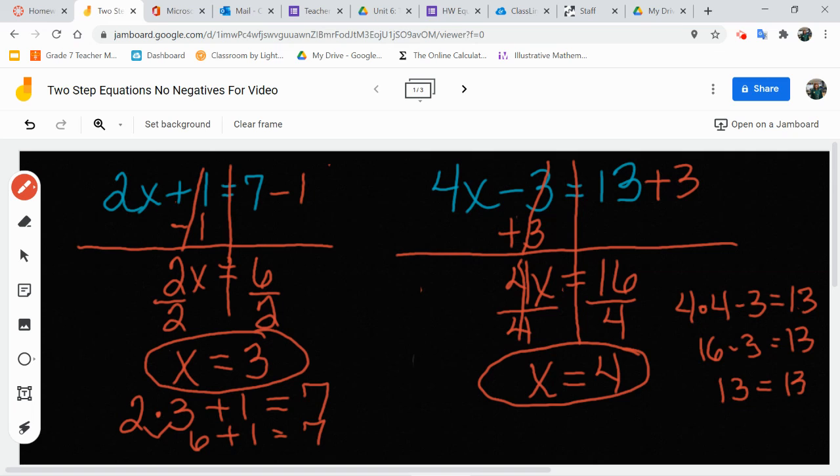Your second step is to do the opposite of multiplication or division. And then you can always substitute that answer you found back into the original equation to check to make sure it's correct. So that is a basic understanding and basic steps for solving two-step equations. Good luck on the work.